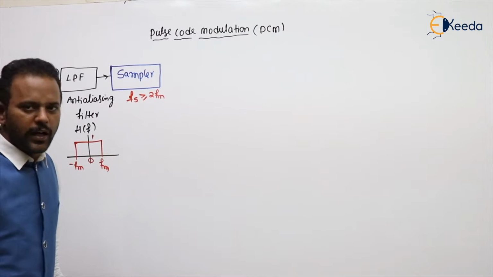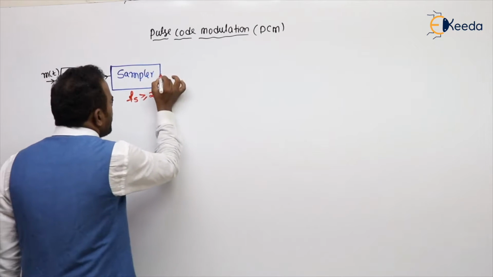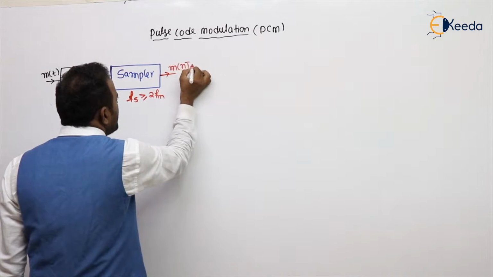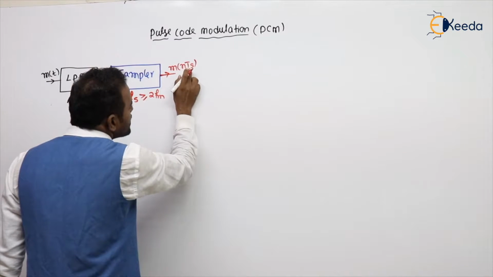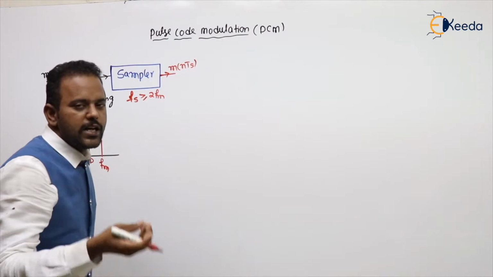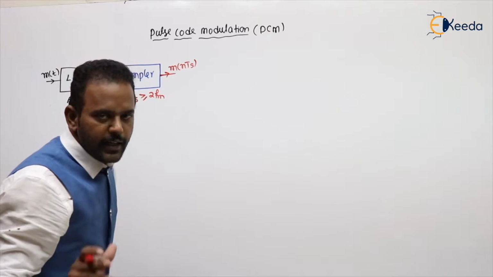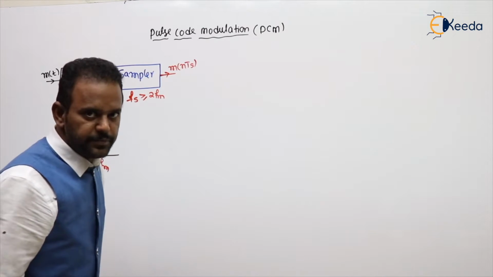Practically greater than only, oversampling is preferred. For example, the output of the sampler, let's call it m of nTs, because the samples are coming at regular intervals of Ts, that is 1 Ts, 2 Ts, 3 Ts, 4 Ts, 5 Ts, 6 Ts, like that. The discrete time signal has integer values on the time axis.